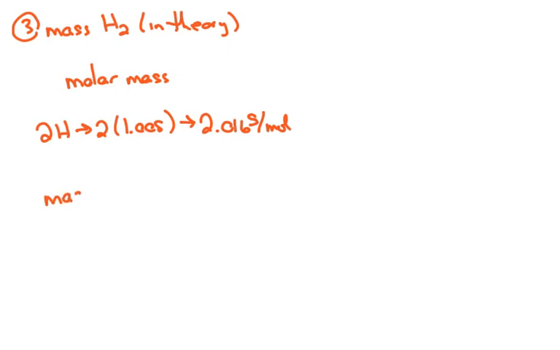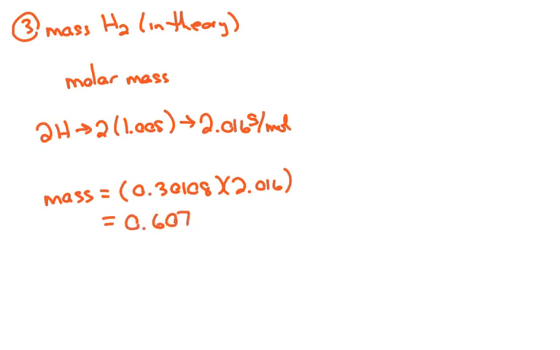The mass, again going to the mole conversion chart, the mass equals the number of moles multiplied by the molar mass. So we get 0.30108 moles times a molar mass of 2.016 grams per mole. Tells us that we should have made 0.607 grams of hydrogen in theory. We should have.